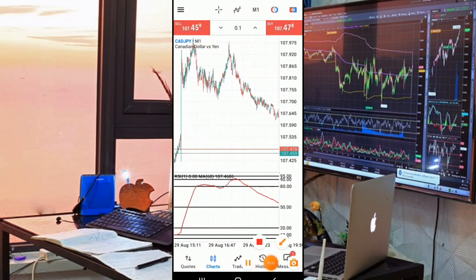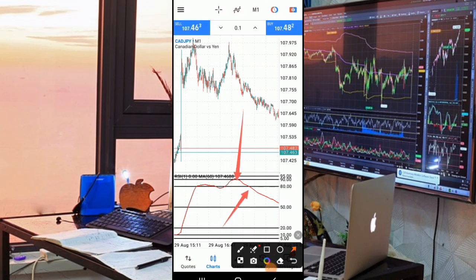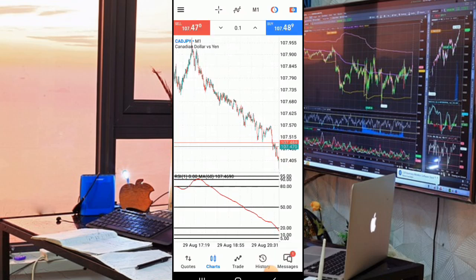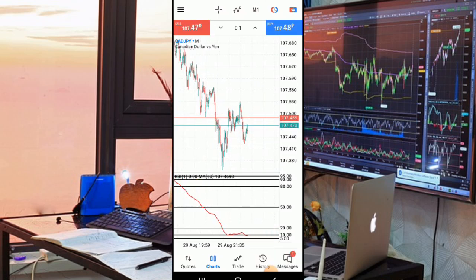So we said we wait for price to hit the 90 line level, then we wait for price to close below the 80 line level, and remember we said when price gets to the 50 line level, that is when we take half profits, and then you enter other trades when you get there. So you take half profits and you enter other trades. As easy as that.